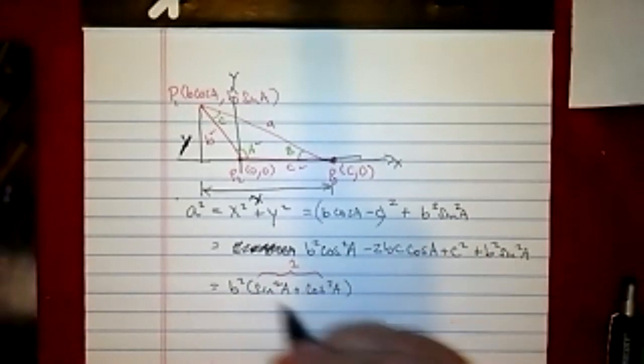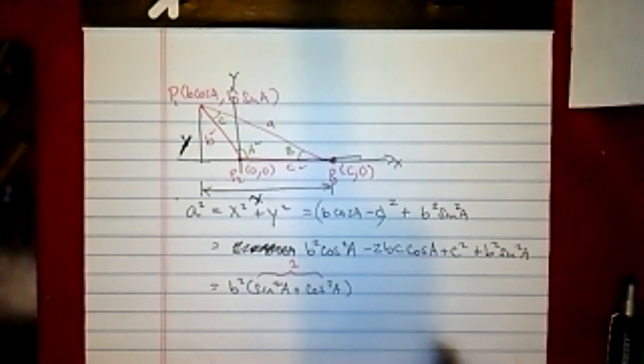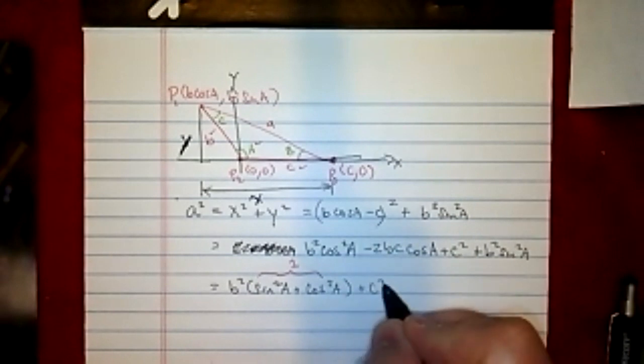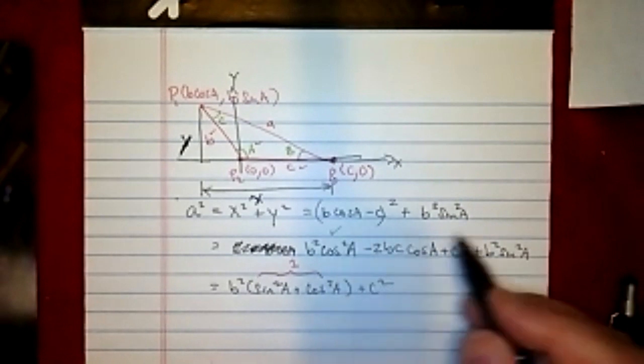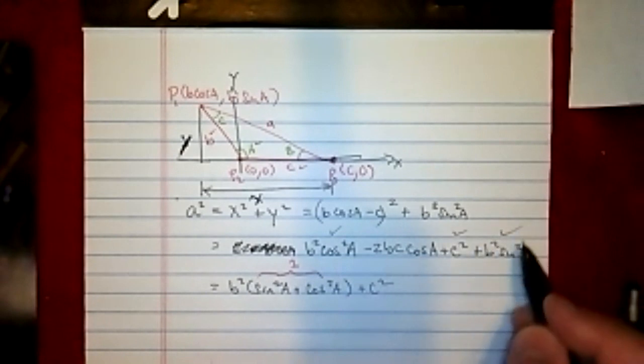So now I'm left with b squared, and actually, there it is, plus c squared, which is that one right there. So I've now taken care of that term. I've taken care of this term, and I've taken care of that term.